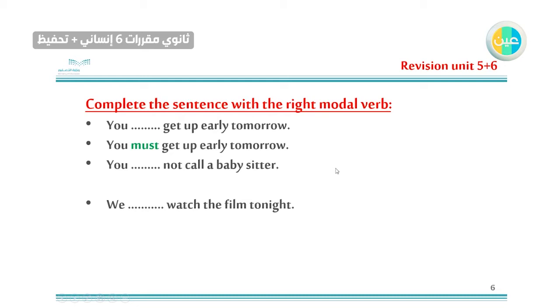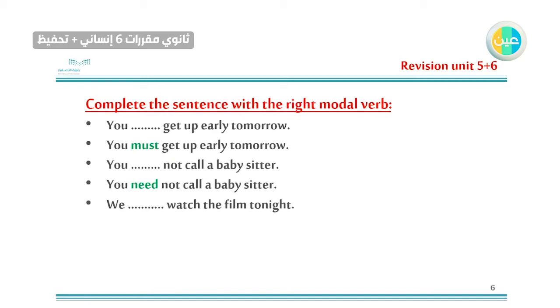You not call a babysitter. So we will look for a modal verb that expresses absence because of not. So we will go with need not. Excellent, need not, because there is no need to call a babysitter.